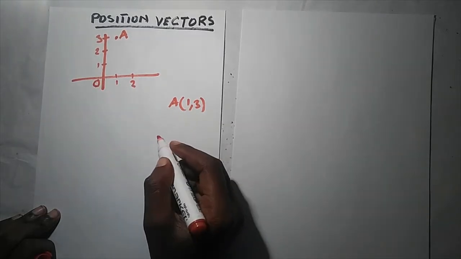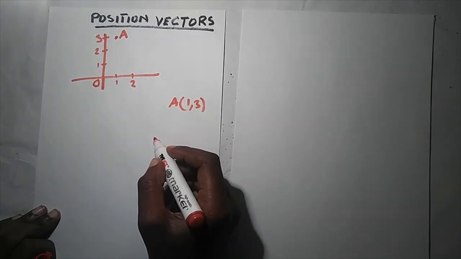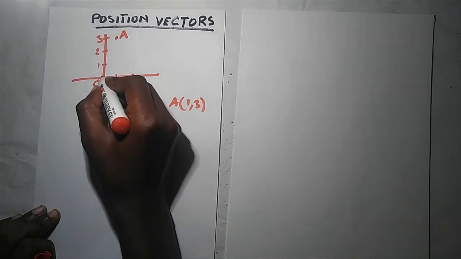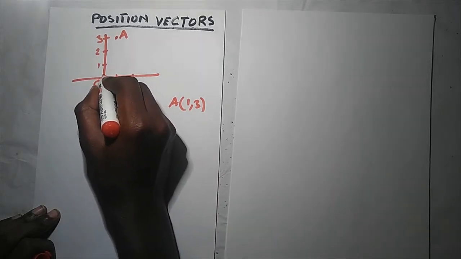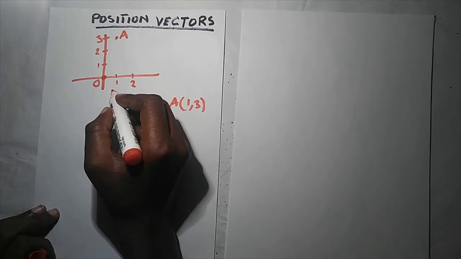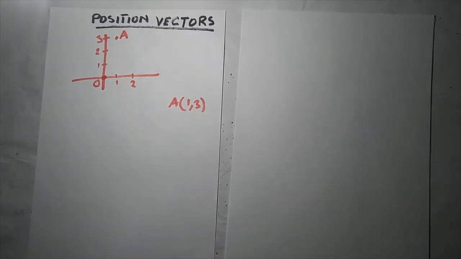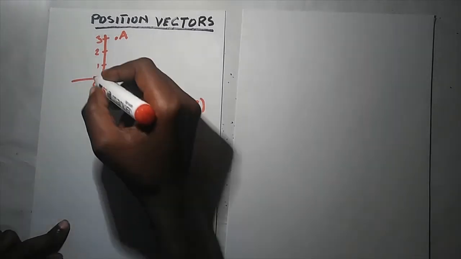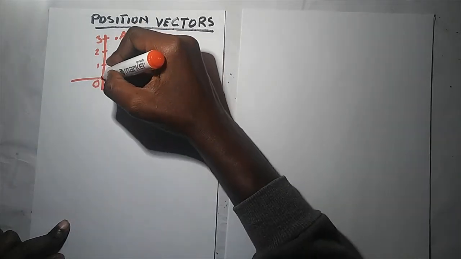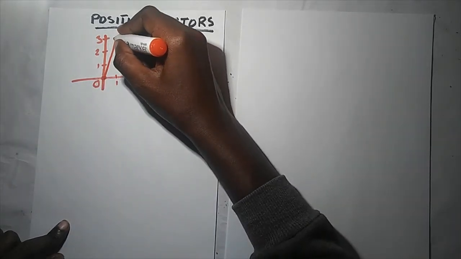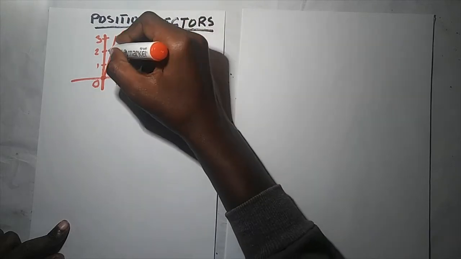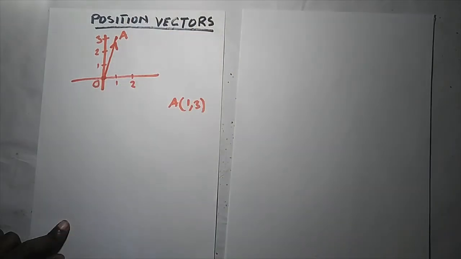for the point A is a vector whose starting point is from here, from the origin. And so what we are going to have, a vector which starts from here all the way up to here where A is, with an arrow pointing in that direction.